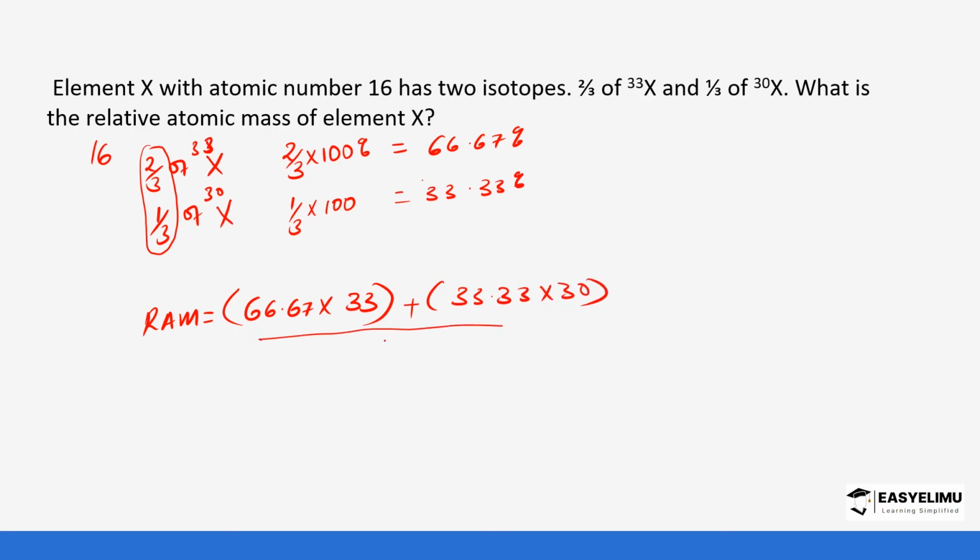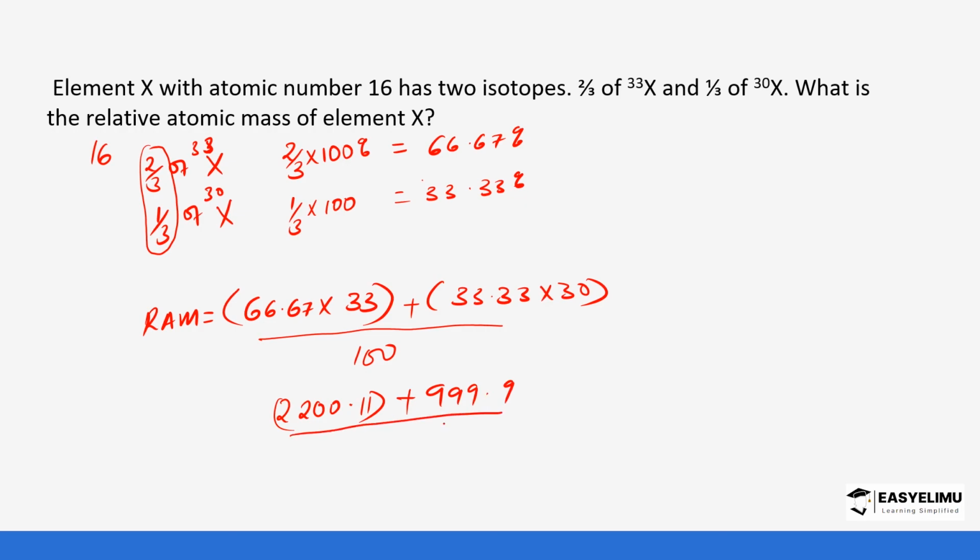When you calculate 66.67 times 33, we get 2,200.11. And when we take 33.33 and multiply it with 30, we get 999.9. Everything is divided by 100.